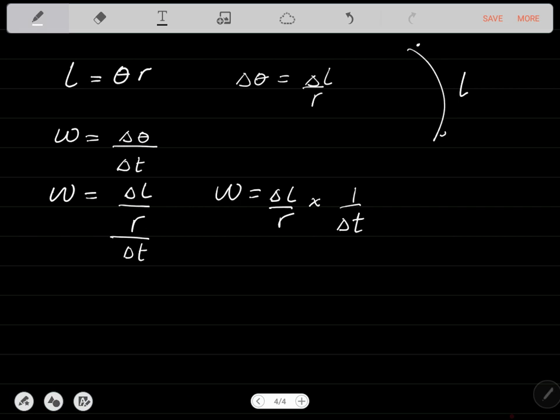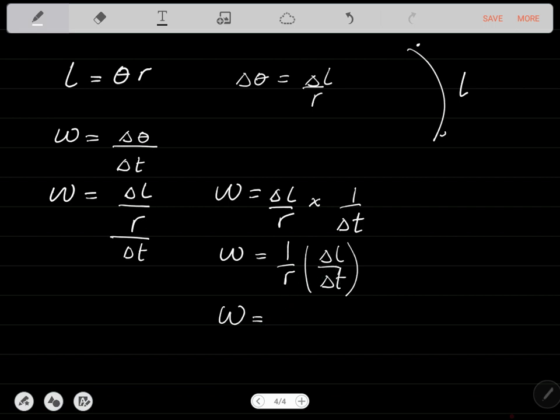This is where everything goes. So I can take out 1 over R here, then the change in L goes there and the change in T goes there. So we end up having our angular velocity as, what is change in L over T?